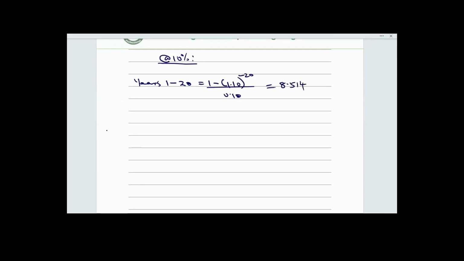So I will then calculate annuity factor of years 1 to 12. That will be 1 minus 1.10 raised to power minus 12 divided by this cost of capital of 10%. What do you have?